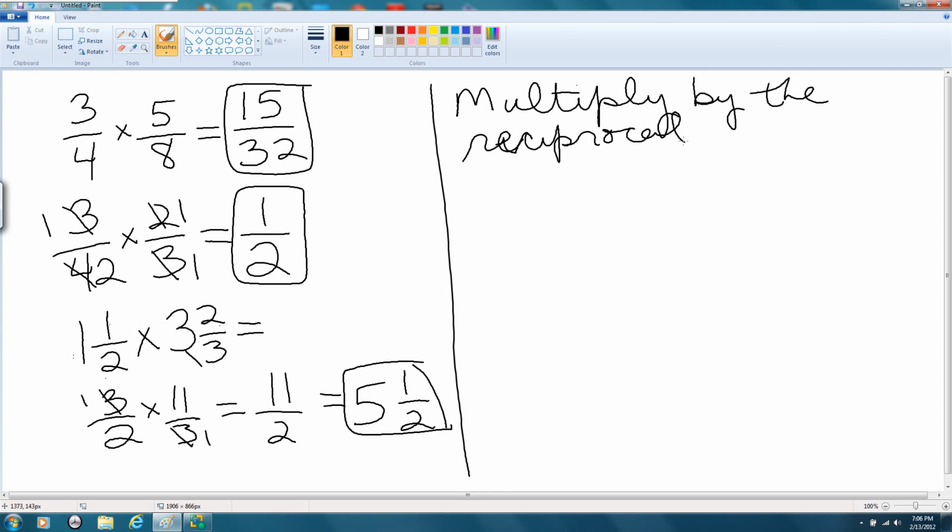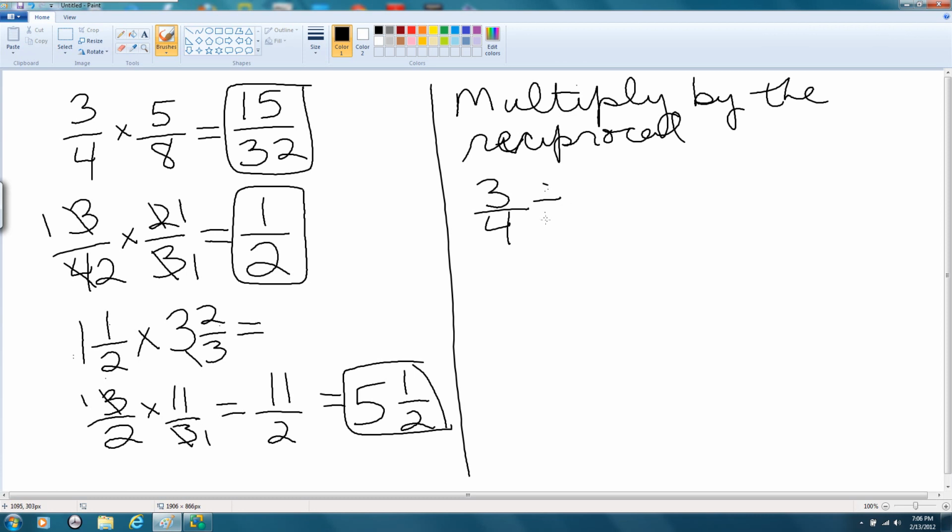So, for example, let's say I start with the same one I had, but make a division problem. So if I have 3/4 divided by 5/8, my dots don't show up too well, but trust me, that's divided by.